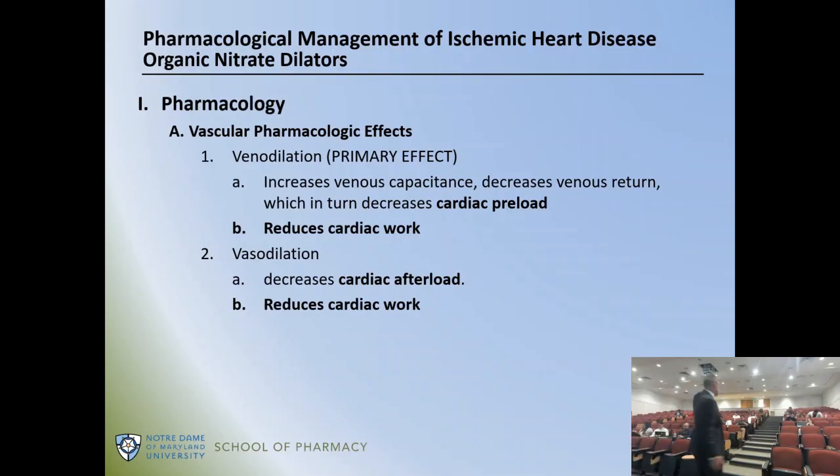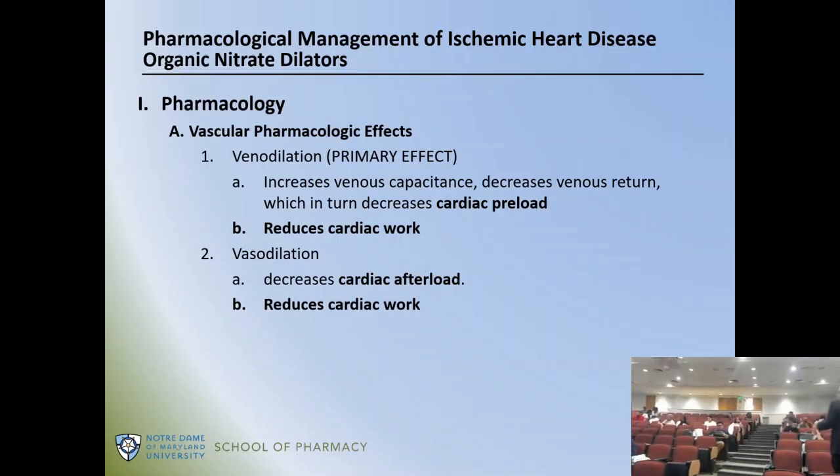So that's the first thing. Okay. Second thing is what we talked about up on top here. All right. If we can reduce cardiac preload, we will reduce stroke volume and cardiac output, right?